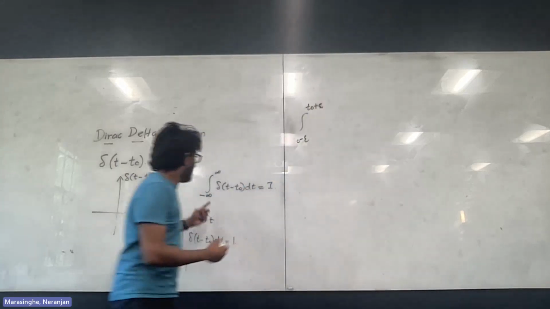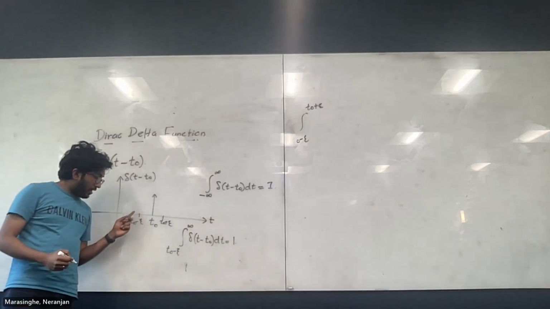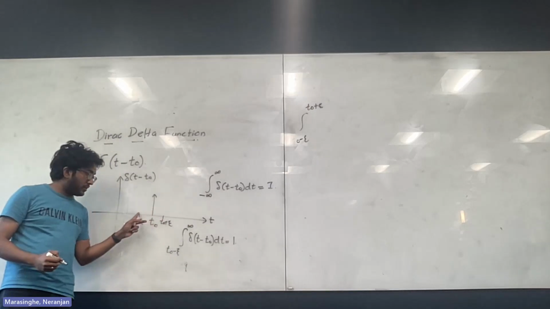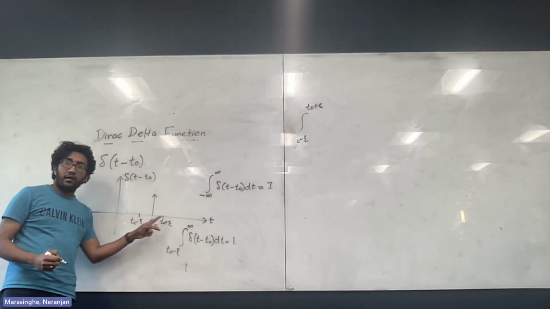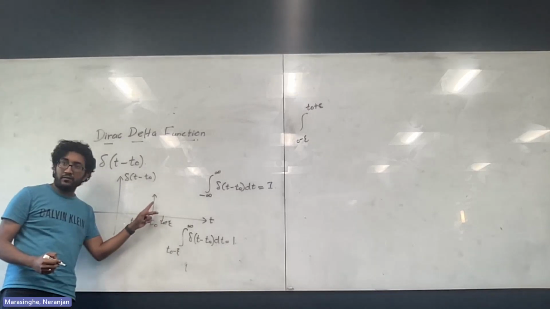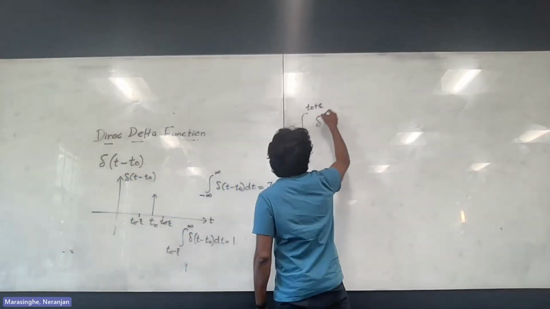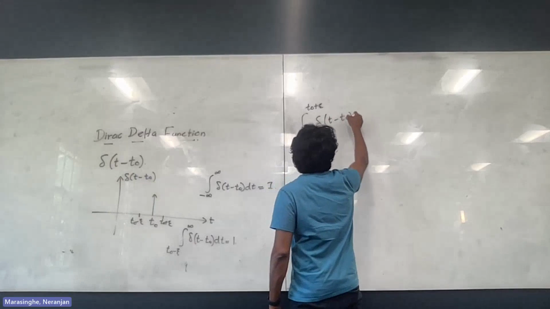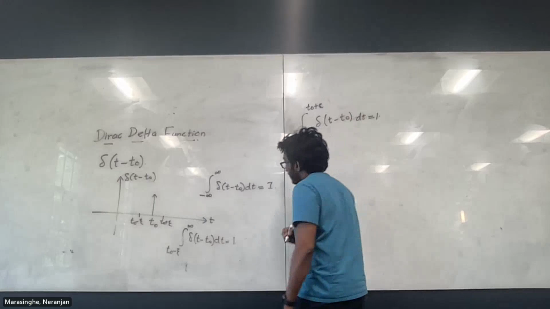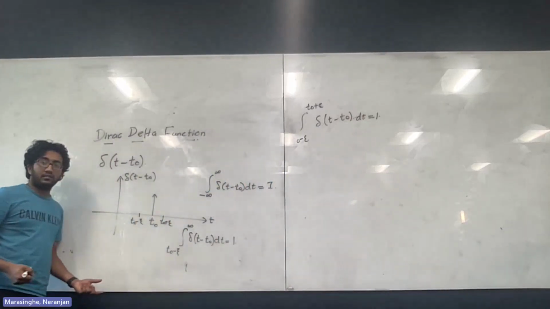Actually, in this case, I'm not going from minus infinity to infinity. I'm going from t naught minus epsilon to t naught plus epsilon, right? So when I am walking from t naught minus epsilon to t naught plus epsilon, I have to go through this spike. Okay, that means the integration is going to be equal to 1, right? This is the basic property of the delta function, right?